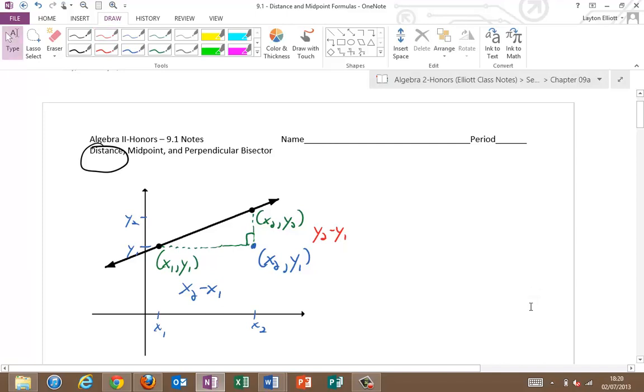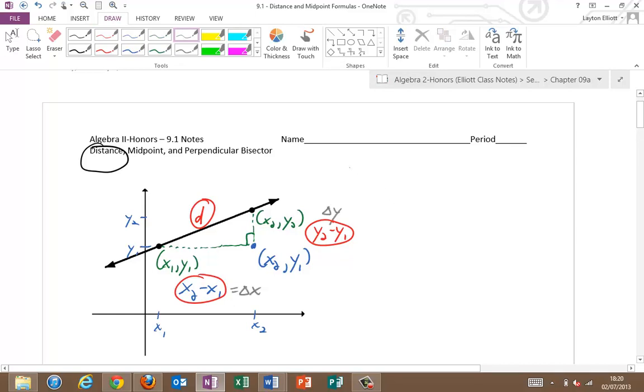So if we do this whole deal now from the perspective of the distance, we can create a distance here and say, now we have a right triangle. I have this distance, this, and this. I sometimes abbreviate the x's and the y's, and I say that this is the change in x and this is the change in y.